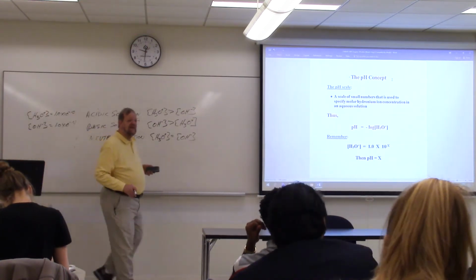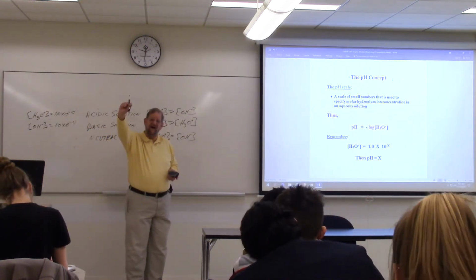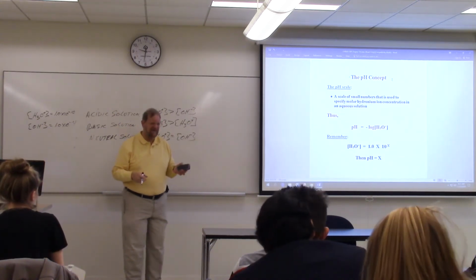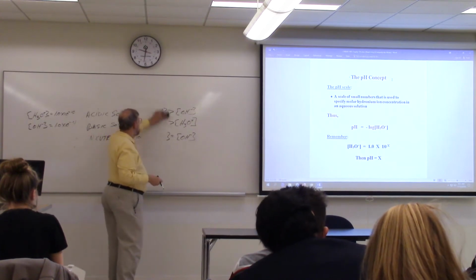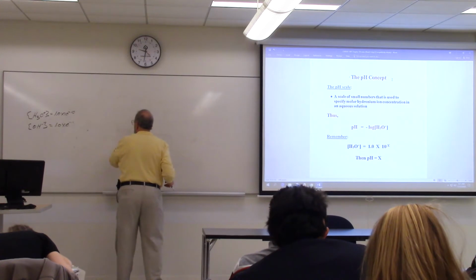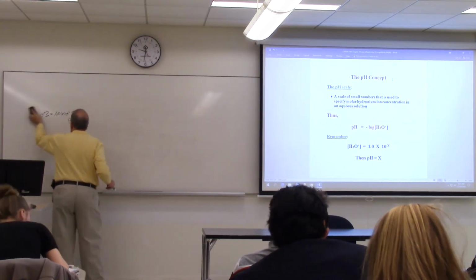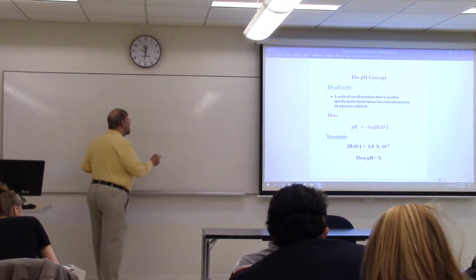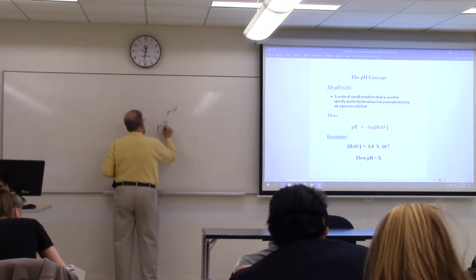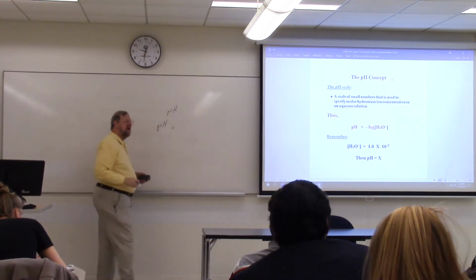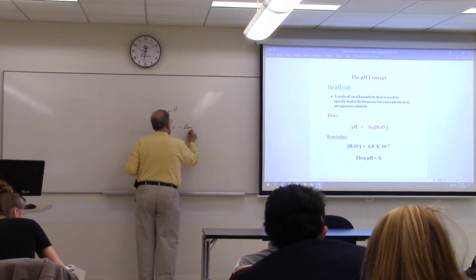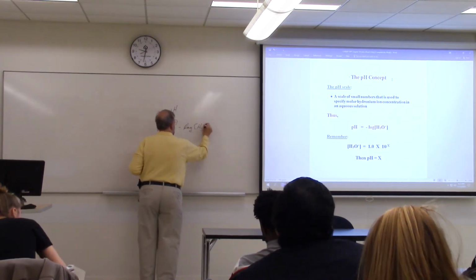And by the way, if I have a dial on how important this is and it goes up to 10, I've just turned it up to 100. By definition, pH is equal to minus the log of the hydronium ion concentration.